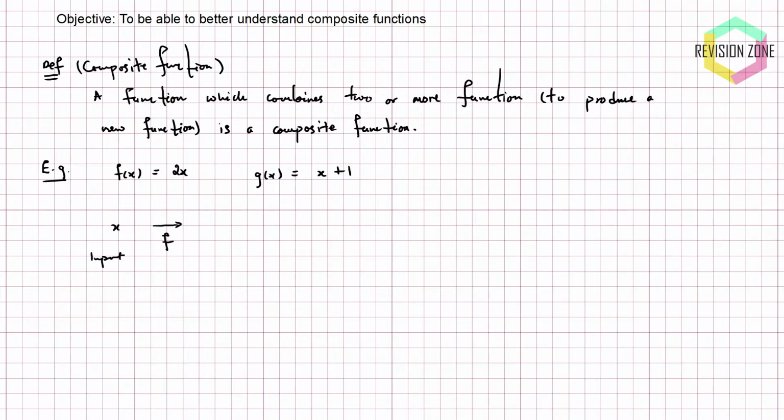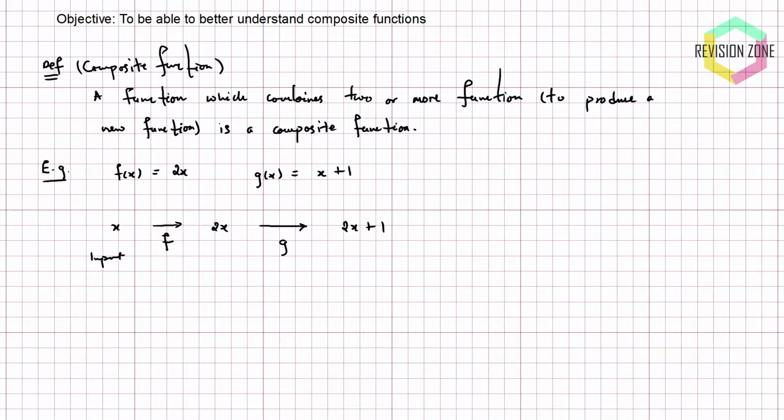Say we first apply the function f to get 2x. But then once we've got that, we apply the function g. So what does g do? g takes in a number and adds 1 to that number, right? So in this case, g is going to take in 2x and we're going to add 1 to it. So we're going to end up with 2x plus 1.